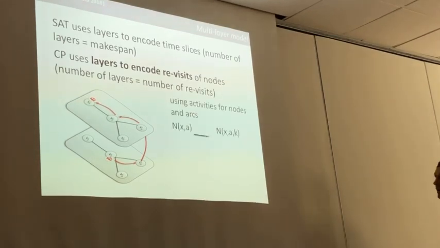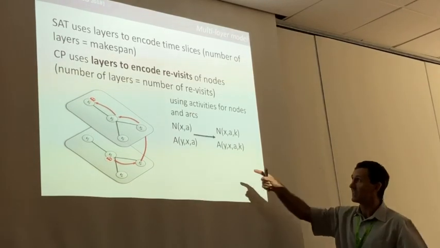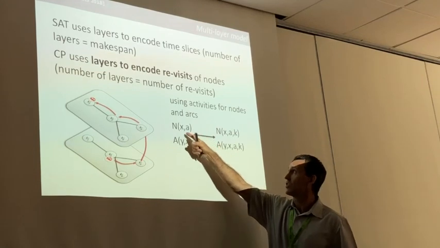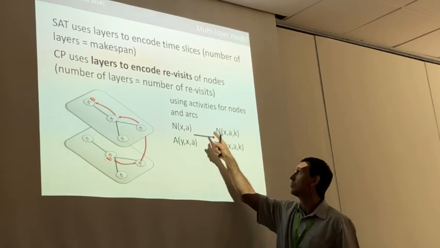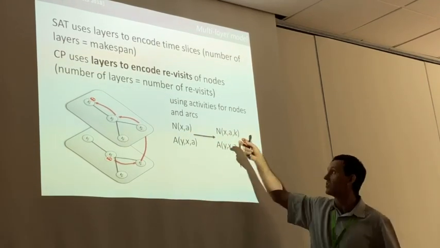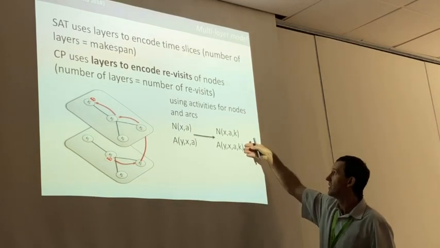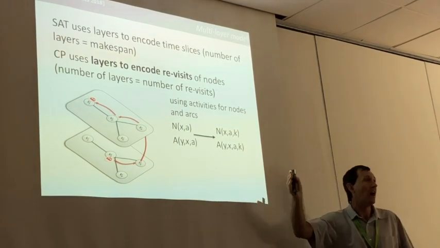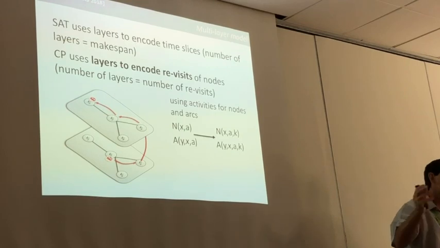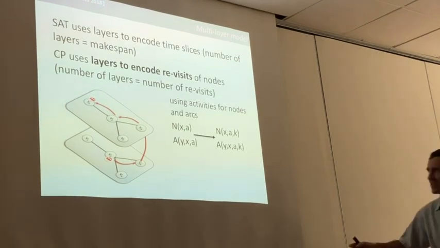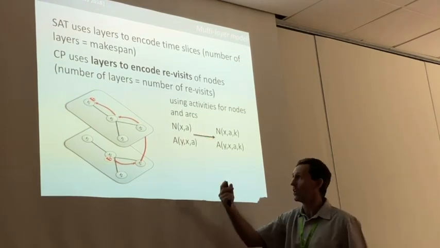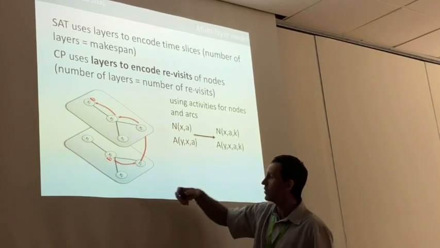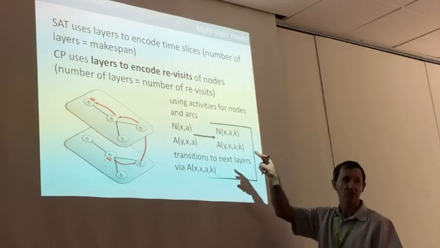The only difference is obviously that now the activities are not just per agent and node, but per agent, node, and layer. This is the activity for visiting the node, and this is the activity for using a given arc. So we just use more activities, but it means just a larger graph. And obviously, we introduce activities for transition between the layers.